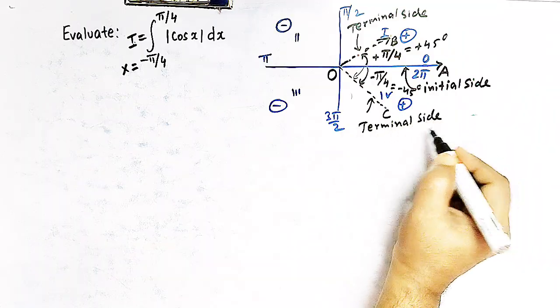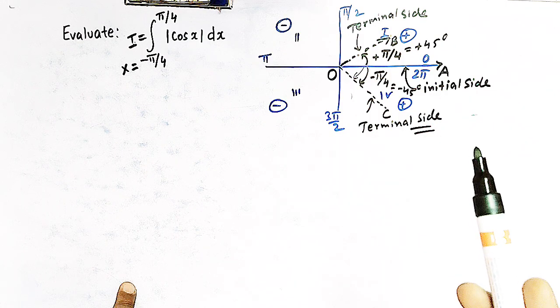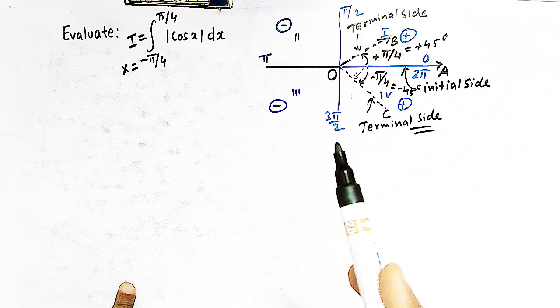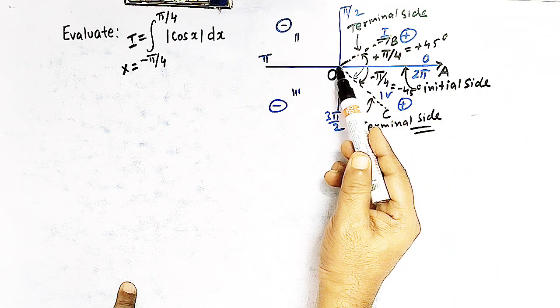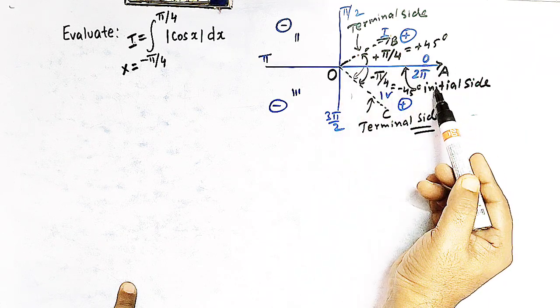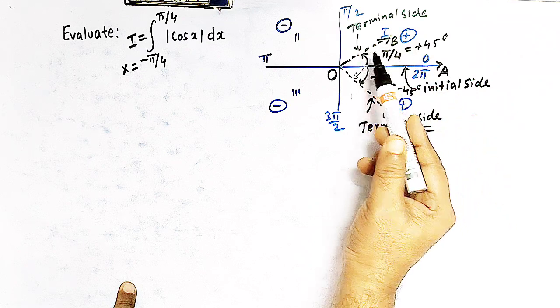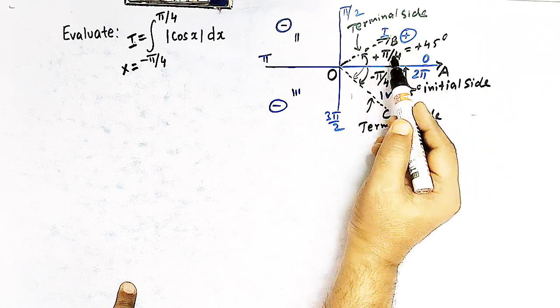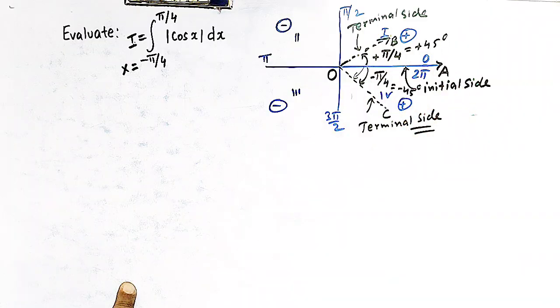So here we are dealing with the concept of measuring an angle in the anti-clockwise direction and in the clockwise direction. So if we take OA as the initial side, and if we rotate it in anti-clockwise direction, and we form an angle of 45 degrees, then we take this angle as positive pi by 4 or positive 45 degrees.